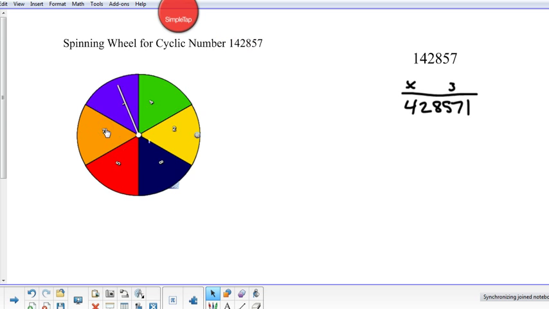If I spin the wheel again, this actually gives me the number multiplied by 4. If I took the cyclic number, where are you? Can we get the cyclic number? There we go. And we multiply that number by 4.